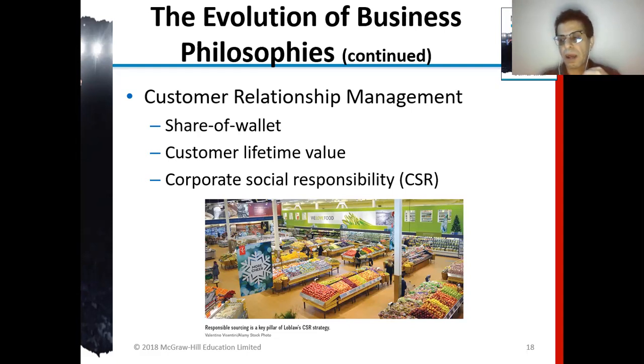I mean, I go, for example, to Safeway, and I go shopping at No Frills, and I go to a different supermarket.